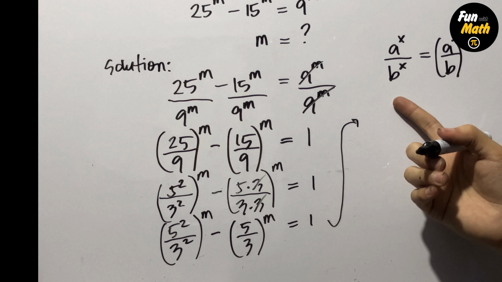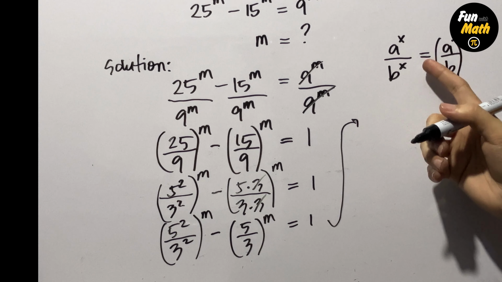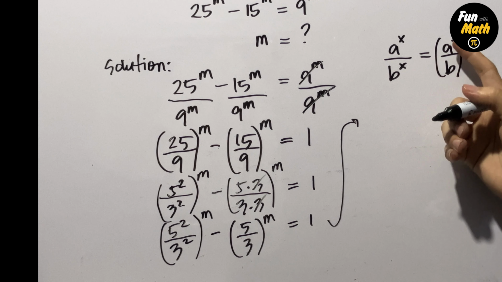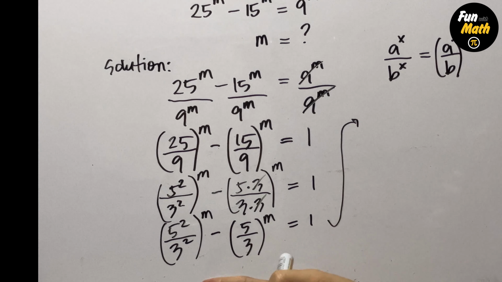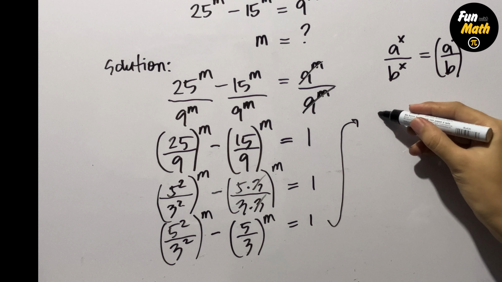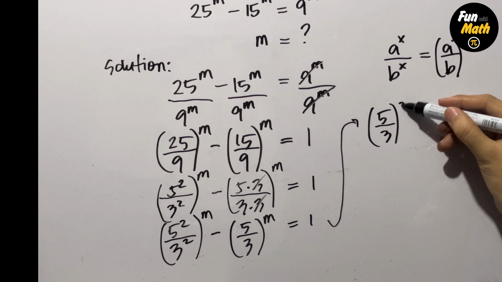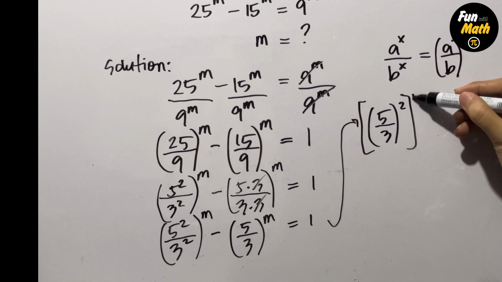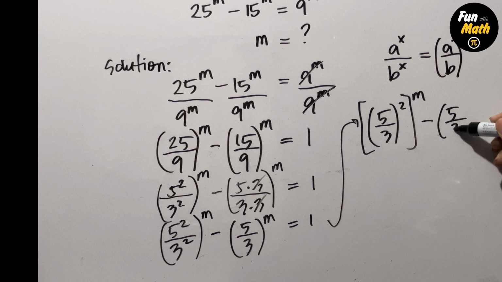If a to the power of x over b to the power of x, that is also equal to a over b whole to the power of x. It's the same here. This is 5 over 3 squared, then whole to the power of m minus 5 over 3 whole to the power of m is equal to 1.